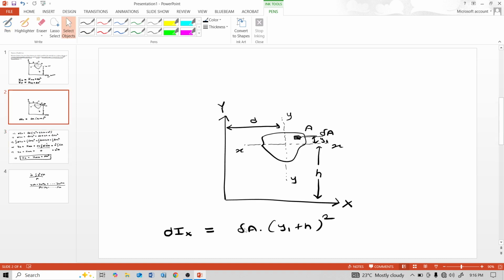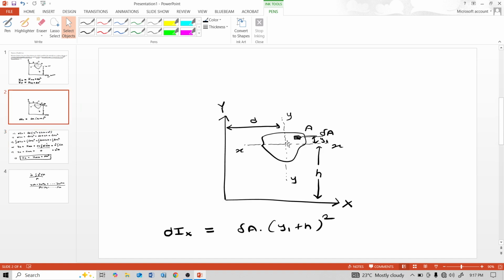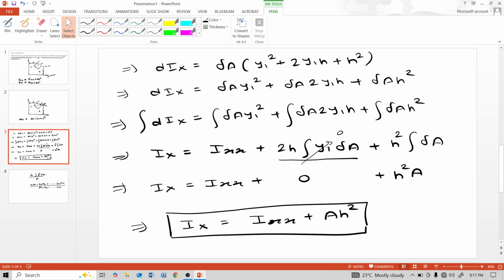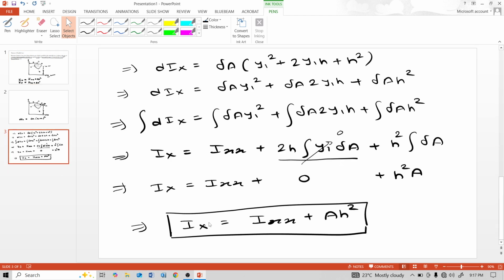Here we directly use the moment of inertia formula for this small element: dIx is equal to delta A into y1 plus h square, and with the help of this we solve it. Ix is equal to Ixx plus A h square. So this is the theorem of parallel axis. Thank you very much.